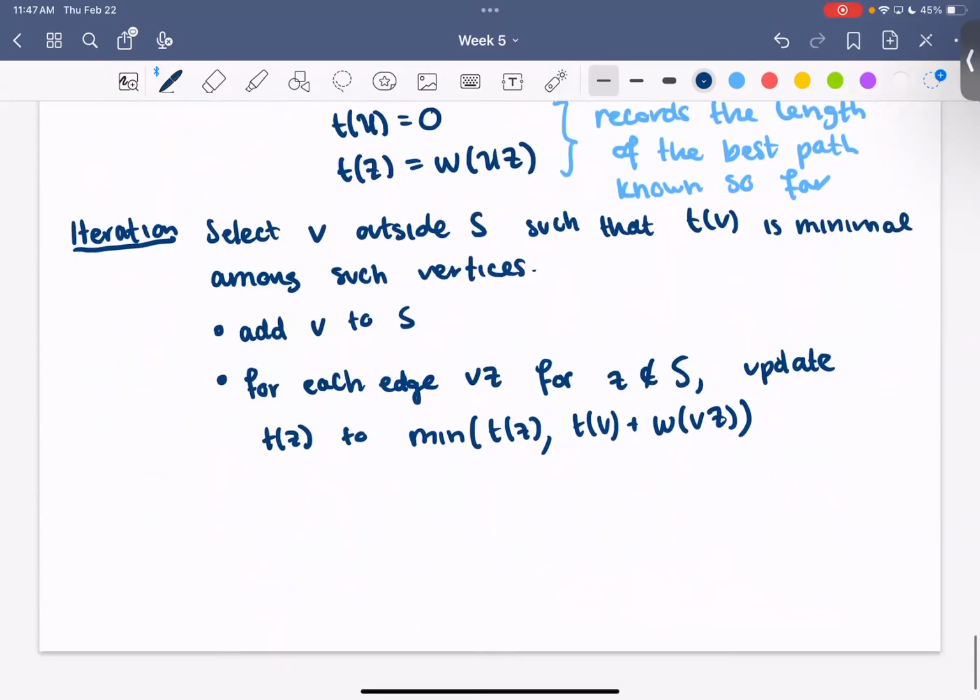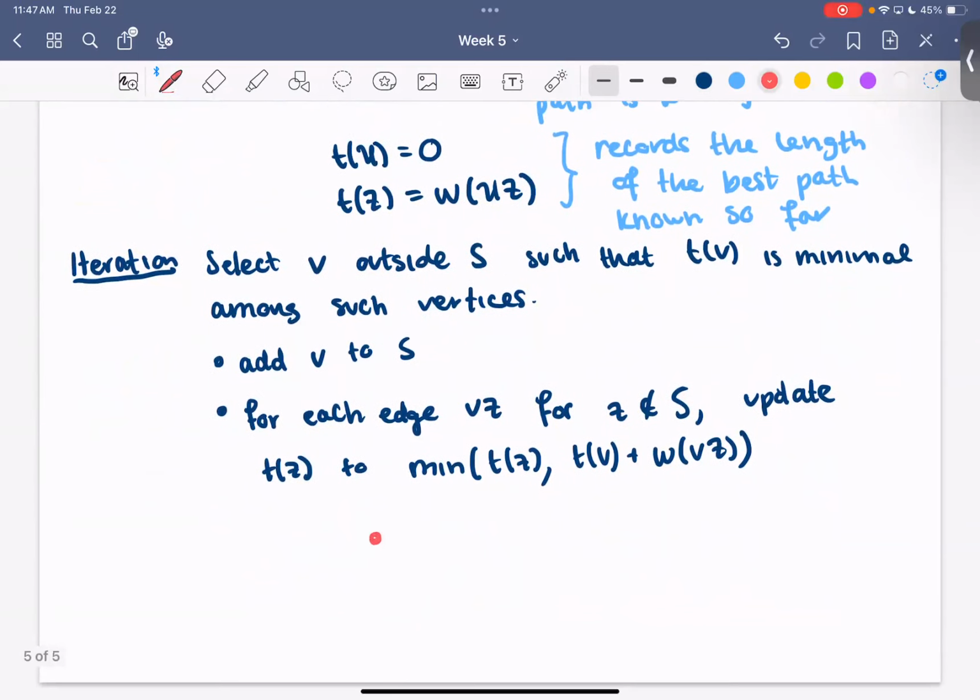Okay, so maybe I should try and draw a picture of this. Let's say these are our vertices in S, and then this is some vertex Z outside of there.